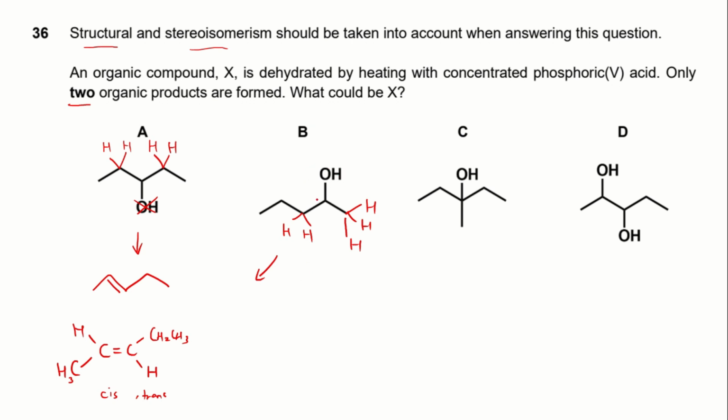Removing the hydroxy group and one hydrogen from the carbon on the left will give us this alkene. This alkene, the two carbons sharing the double bond, are bonded to two different groups of atoms. So two different products, because cis and trans isomers should be taken into account.